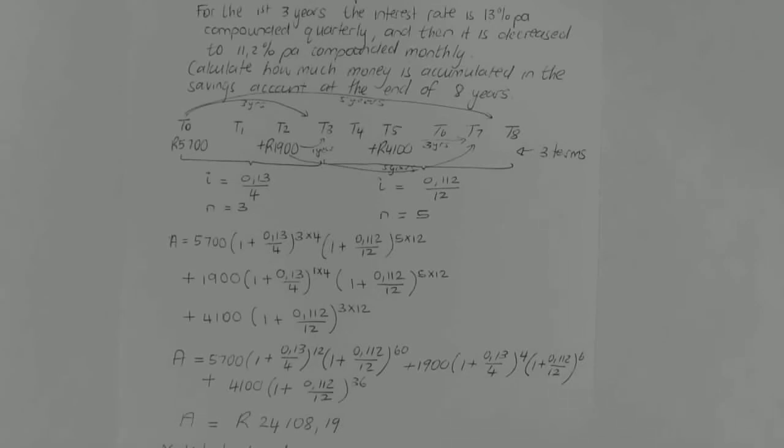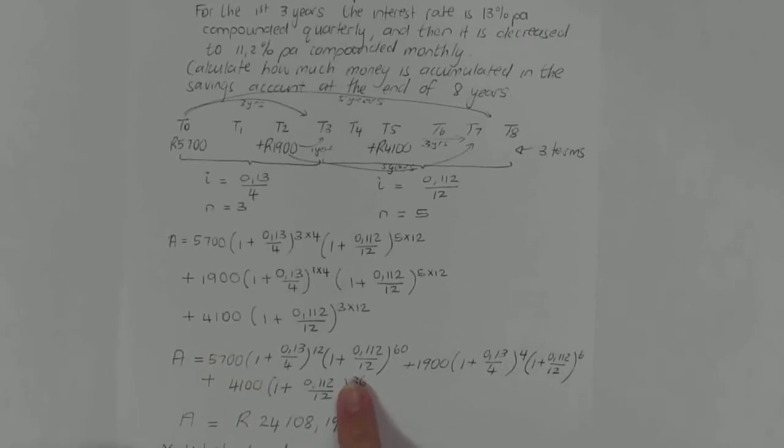Now this question is still fine, but when you do get more deposits or withdrawals, it means that your calculator is actually going to run out of space and you will not be able to enter the entire expression into your calculator. It won't allow you because there are not enough digits available. So for those especially who do AP Maths as well, there is a store function on your calculator.